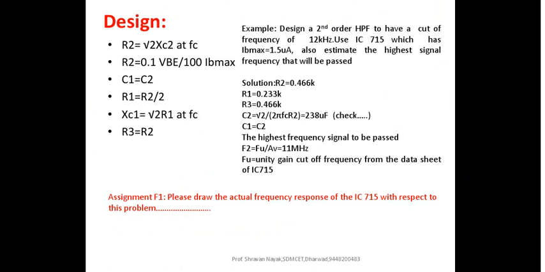Now, the design of this second order Butterworth high pass filter goes along the same lines as the design we did in the case of the low pass filter. But one important thing to be noted here, as we have seen in the case of the low pass filter as well, is that the cutoff frequency occurs when XC1 equals root 2 R1 and XC2 equals R2 divided by root 2.